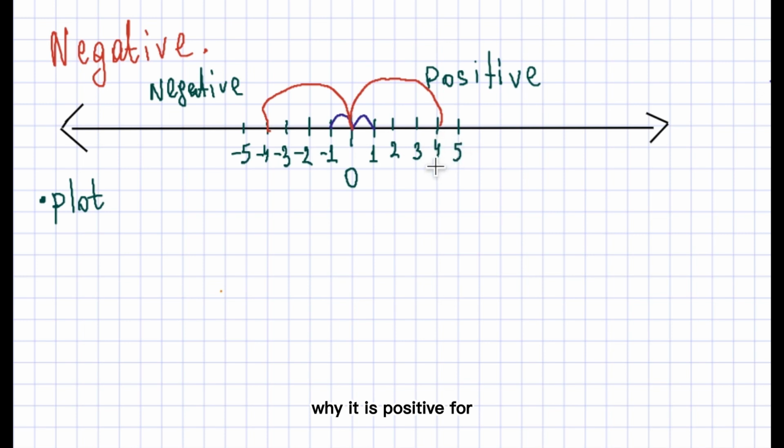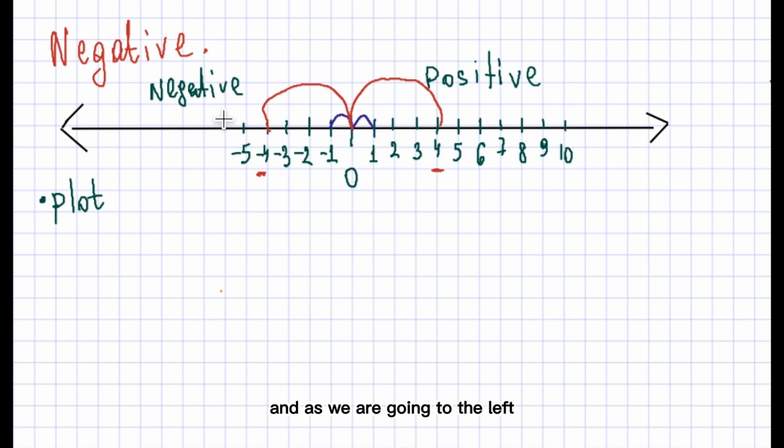Why is it positive 4? Because it is on the right side of 0. Why is it negative 4? Because it is on the left side of 0. Now let us continue some numbers and we will see that as we go to the right, numbers get farther from 0.